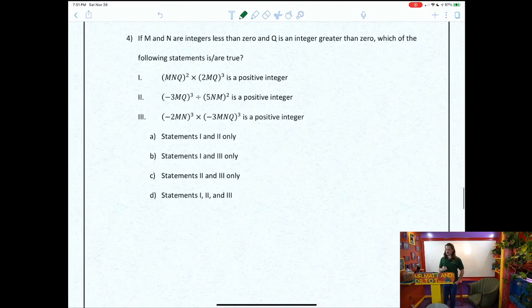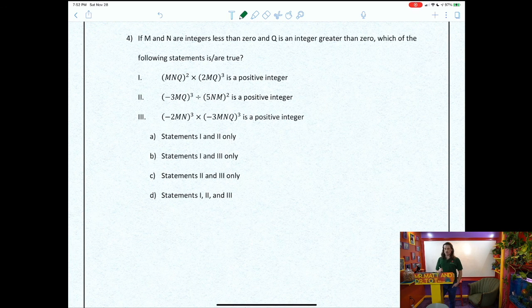Question number 4, if m and n are integers less than 0 and q is an integer greater than 0, which of the following statements is or are true? Statement 1 says the quantity m times n times q, quantity squared, times the quantity 2 times m times q, quantity cubed, is a positive integer.